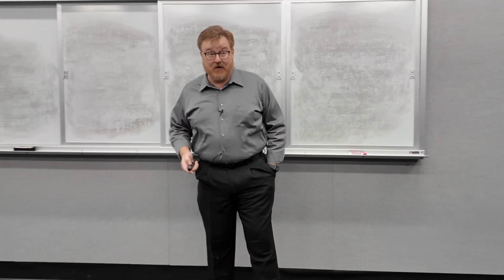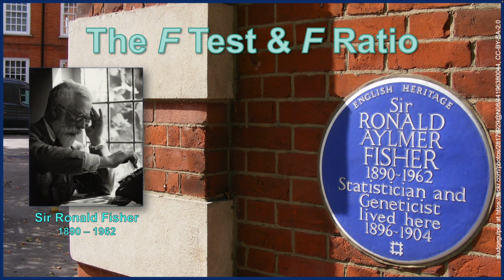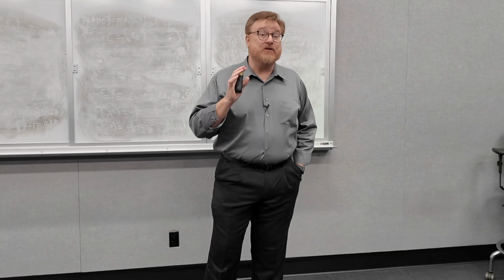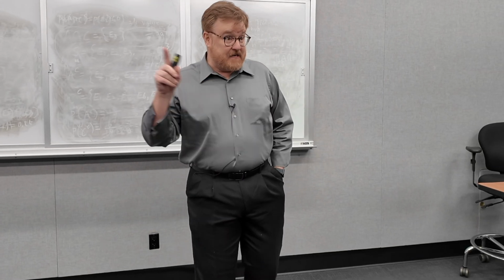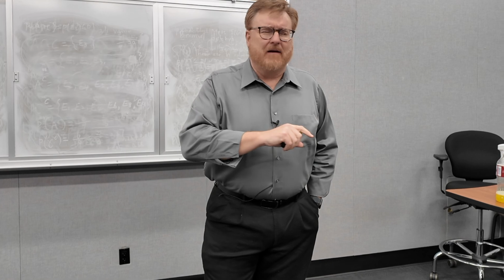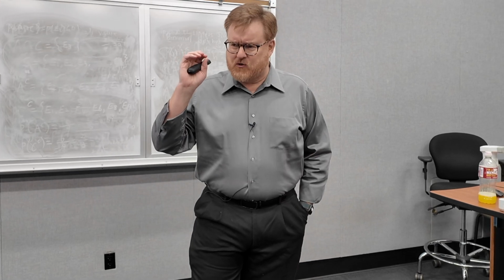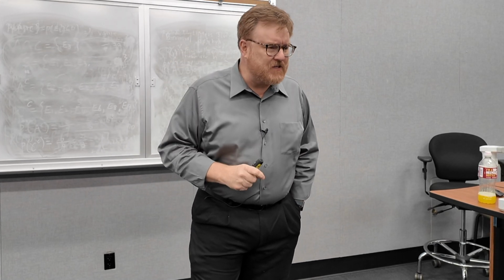Now, speaking of nerdy, this is the guy that came up with this F test that we're going to be using for measuring ANOVA. His name, Sir Ronald Fisher. This guy was a genius. He created not only the test that we're going to learn, but a lot of other, just a true giant in the field of statistics.